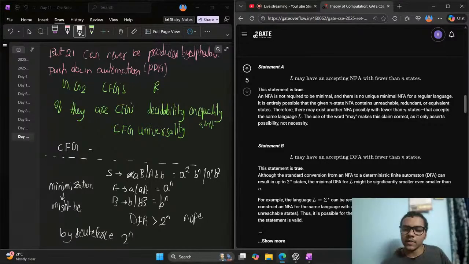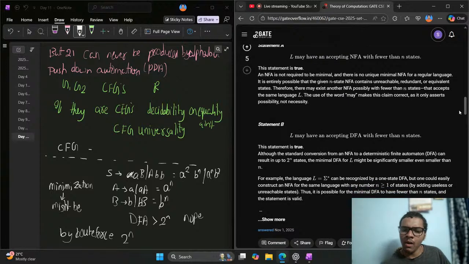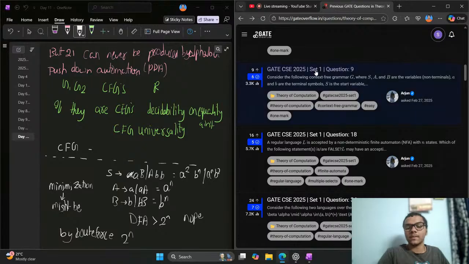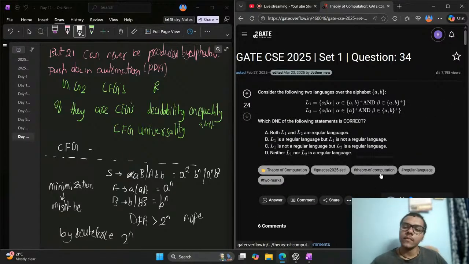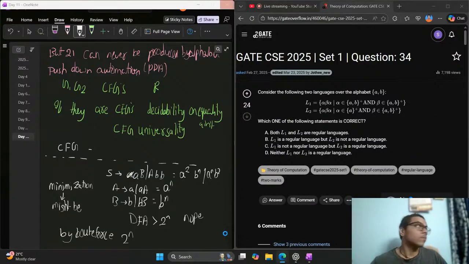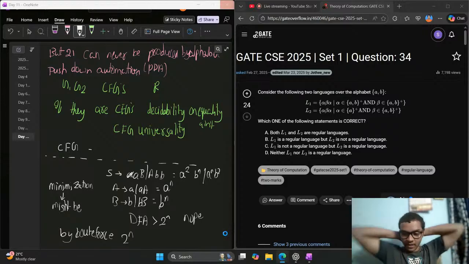L may have an accepting DFA; the standard conversion of NFA to DFA can result in that. Yep, got it. We did the good analysis. So that study actually paid off.